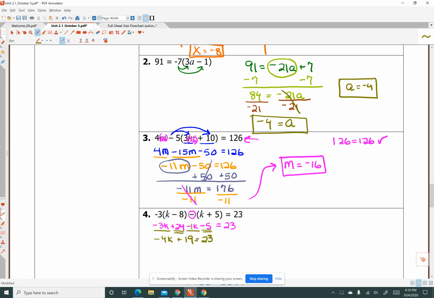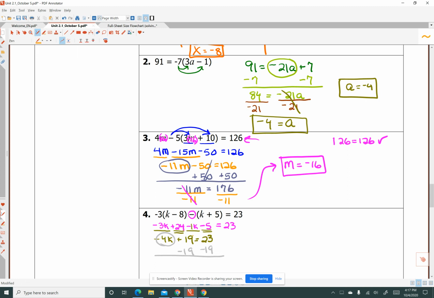So I will save this negative 4k for our next step, because that has the variable term in it. Right now, what I want to do is move this positive 19 over to the right side. And I'll do that by subtracting 19. And whatever I do on one side of an equation or inequality, I'll do on the other side.